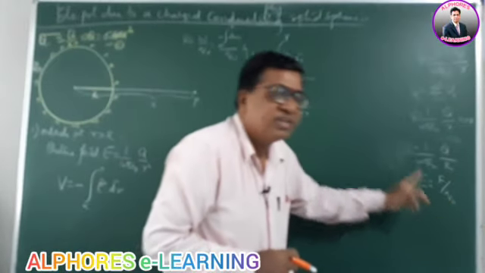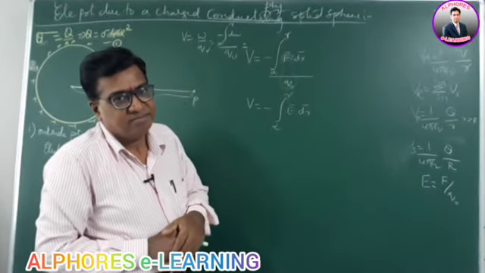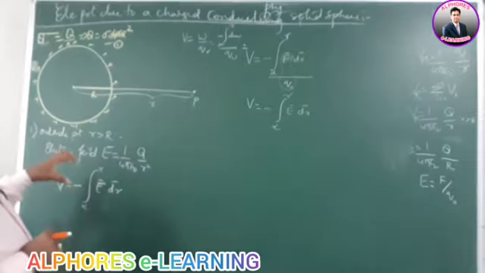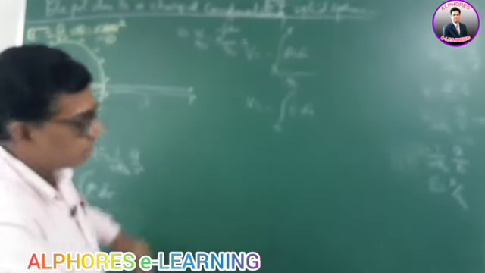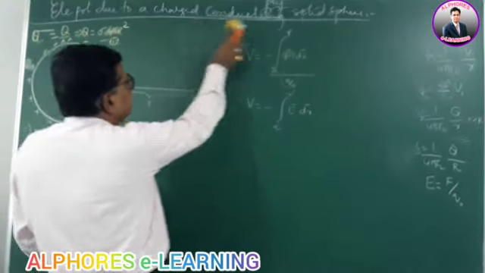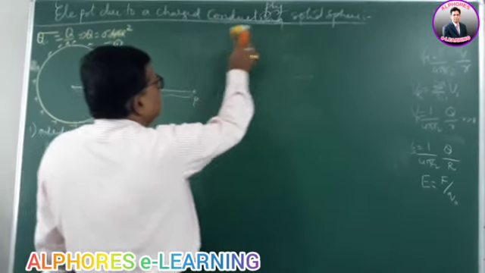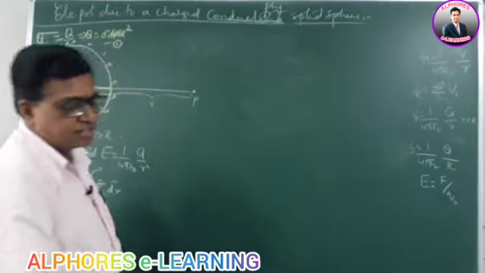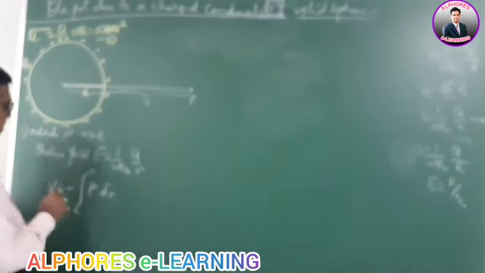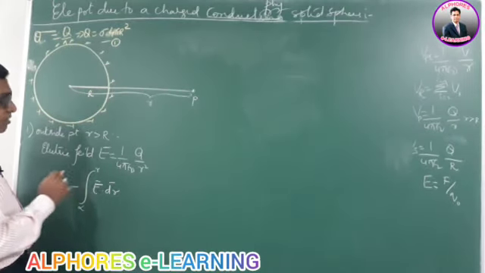So F by Q naught is E, therefore E dot dr. Using the relation between the electric potential and electric field intensity also, you can derive the formula. V is equal to minus integral E dot dr.